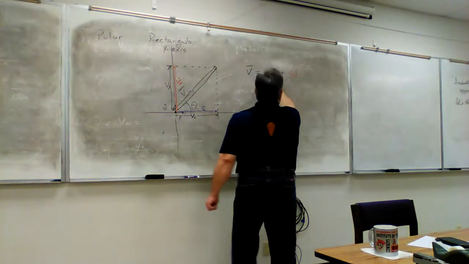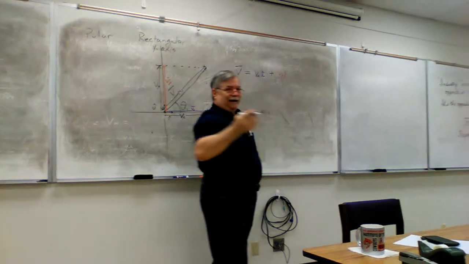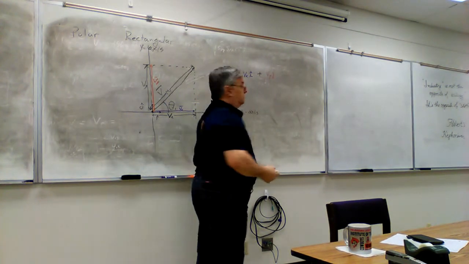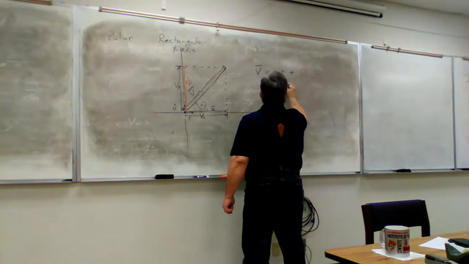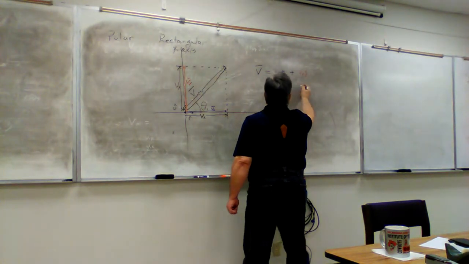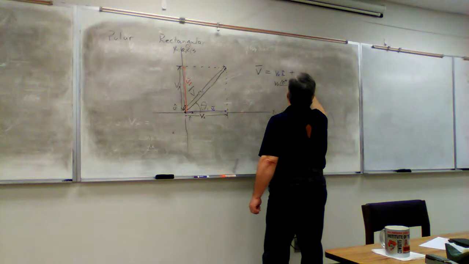We could write both of these components in polar form as v sub x at an angle of 0 degrees plus v sub y at an angle of 90 degrees.